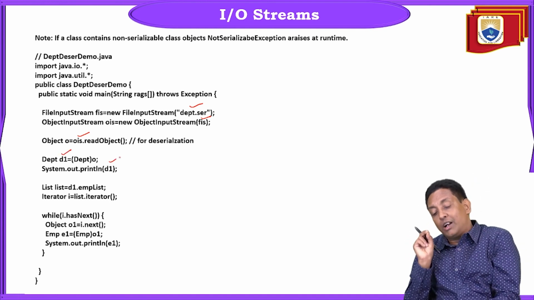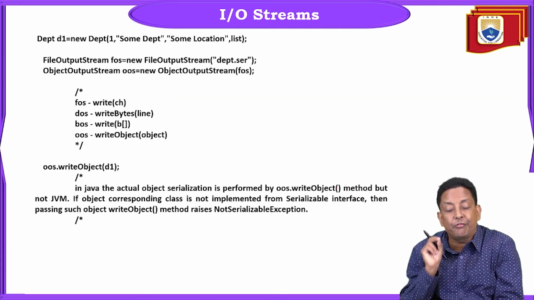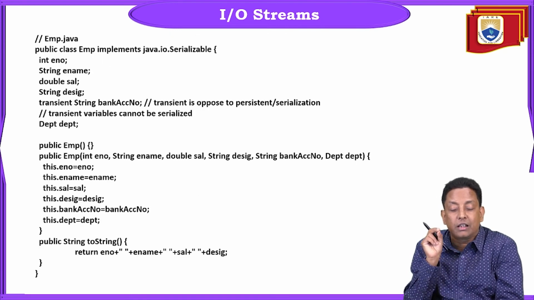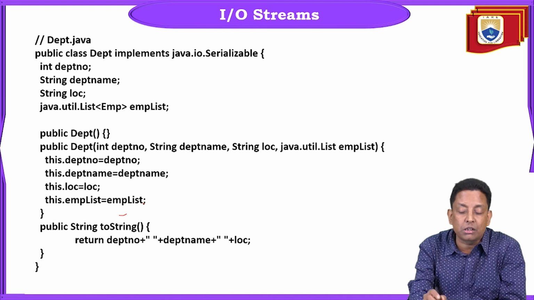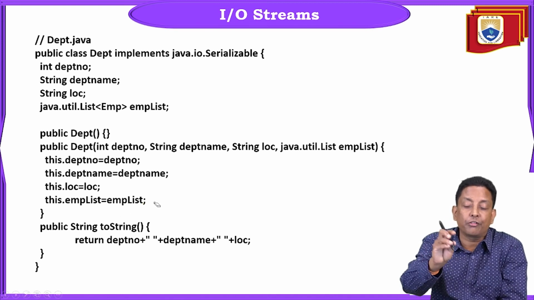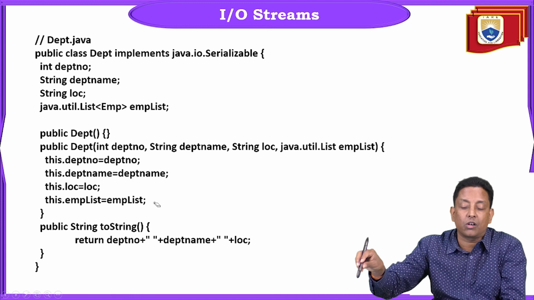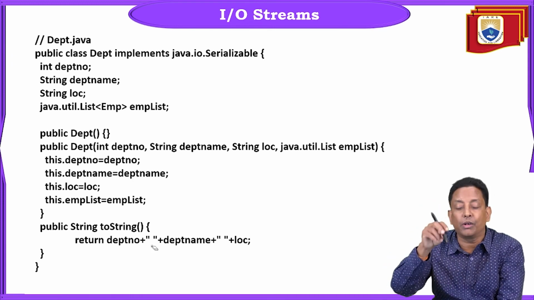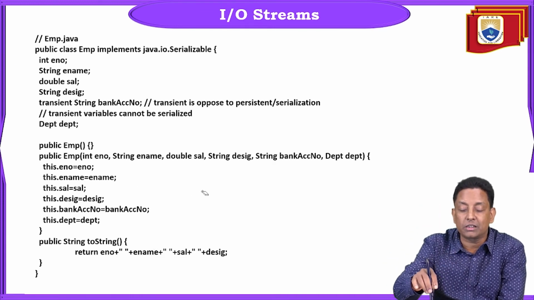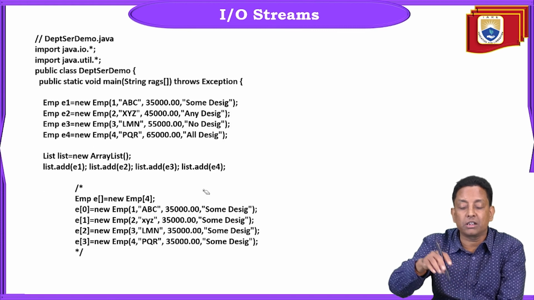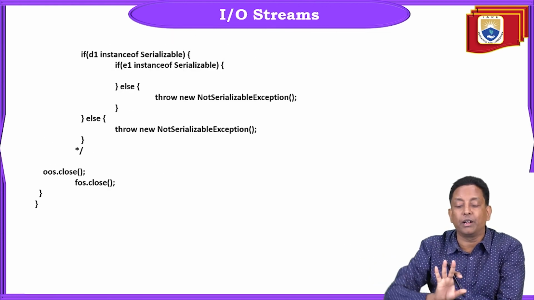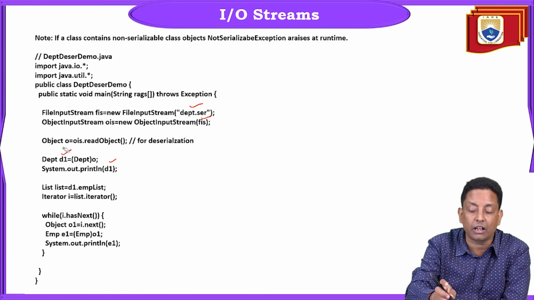We are confidently printing each object because in every department and employee class, we have overridden the toString method, remember. If you give the department object to System.out.println, internally this toString method will be called, which will print the employee object state as is. If the toString method is not implemented, something else will be printed. That you have to take care of.